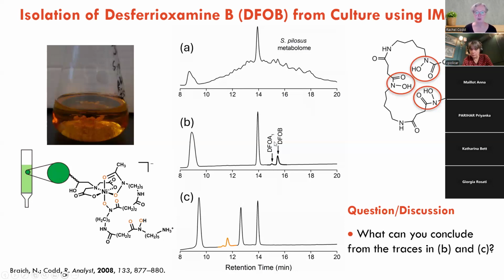because what I've really told you is that we took this mixture and we ran it down this purification system, and indeed we did select for our target compounds. But you can also see that there are 2 other signals in panel B, and when we added iron, the signal that's eluting at about retention time 9 minutes actually became resolved into 2 signals.